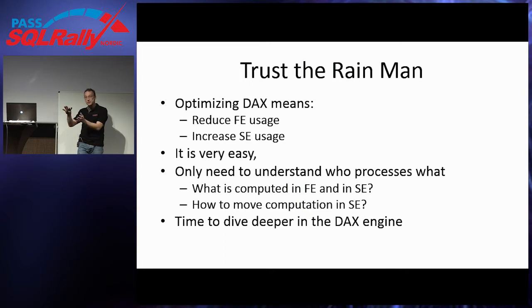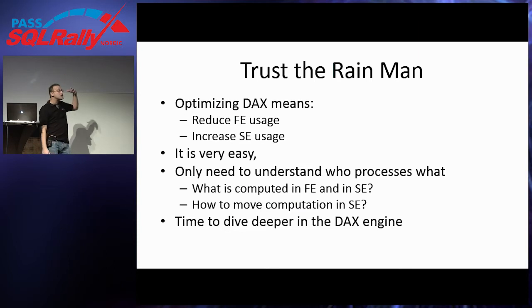Once everything is in the storage engine, then you can start further optimizations, reducing queries and try to remove slow part of the code. But of course, all this raises one more question. How do I know which part of the query is executed by storage engine and which part is executed by formula engine? Because this is the core of what you need to know to optimize the code.